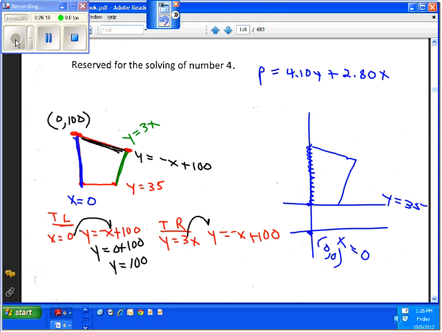I'm just going to put the 3x in place of y, and it would give me 3x is equal to negative x plus 100. Now I have an x only. I'm going to move this to the other side, remembering to change the sign when you cross over. I get 4x is equal to 100. Divide by 4, and I would get x is equal to 25.